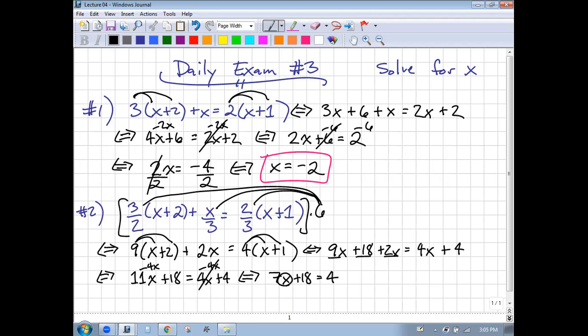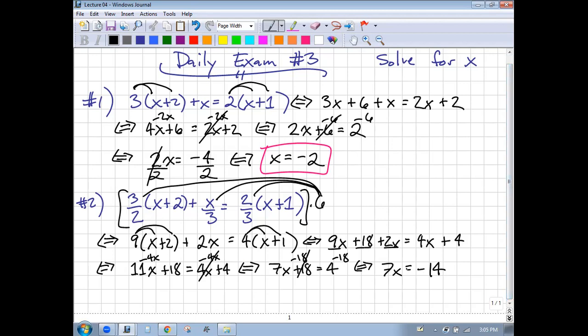Okay, we want to get the x by itself. We got to get rid of the 7 and the 18. It's quicker to get rid of the 18 first. So subtracting 18 from both sides, I'm left with 7x. See, 4 minus 18 is what, a negative 14?